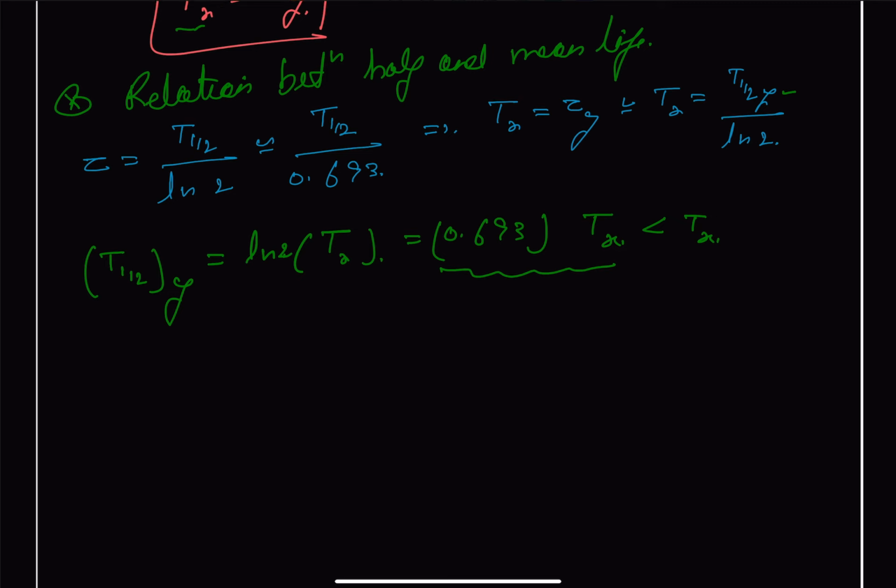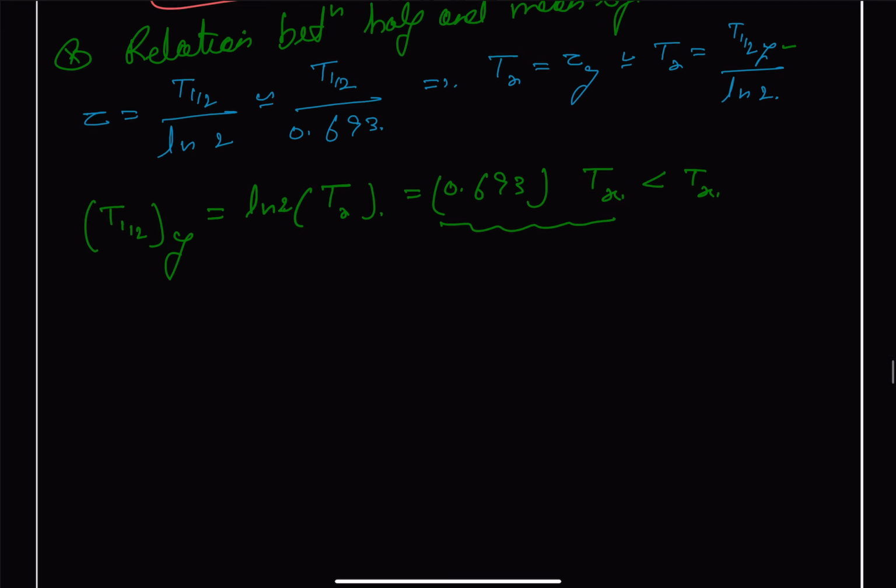Now in terms of our decay constant, we know that decay constant lambda is equal to 1 upon tau.